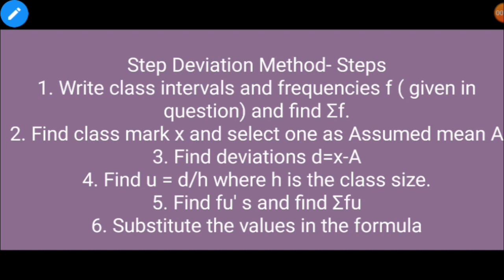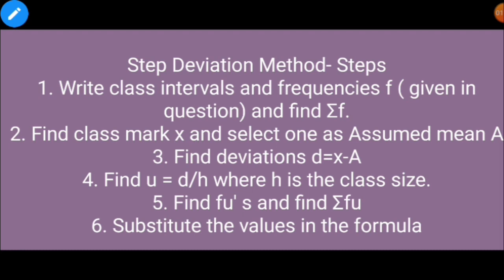And the fourth step is, after finding deviations, we should find ui's. ui equal to di by h, where di's are deviations and h is class size. And the fifth step is find fu. Fu means f is frequency and ui's you already found, so f into u.